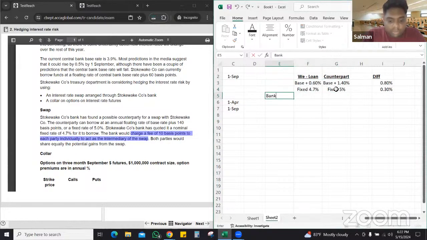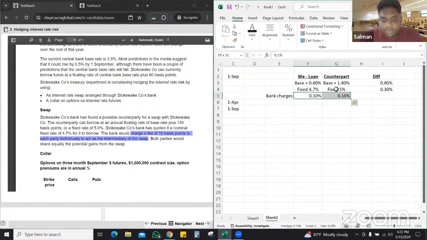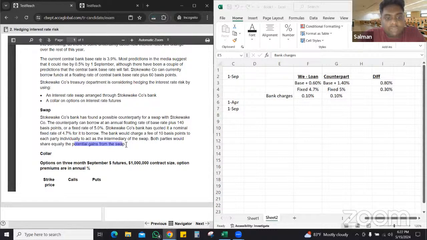So bank charges 10 basis points, which means 0.10 percentage, from both the parties. Both parties would share equally the potential gains from the swap. Swap gains will be borne equally.